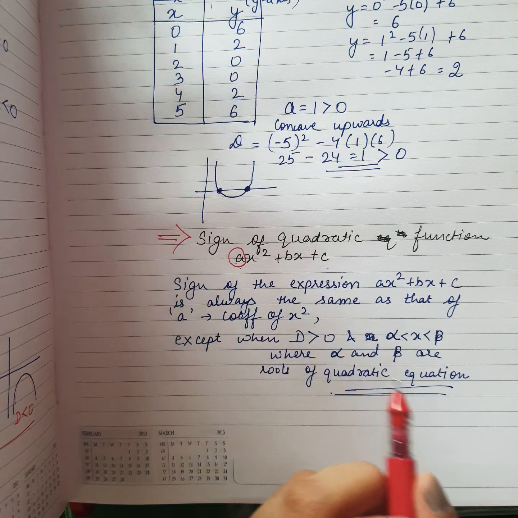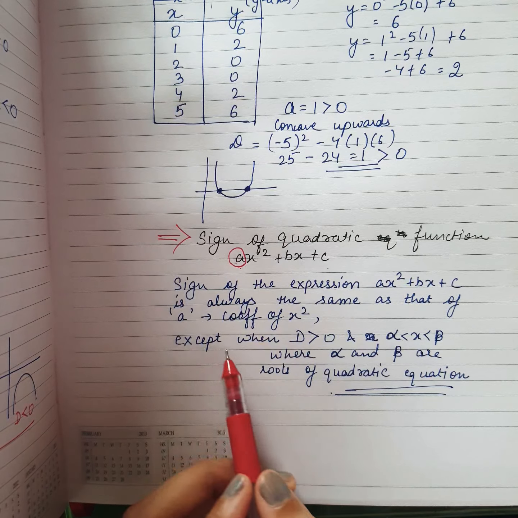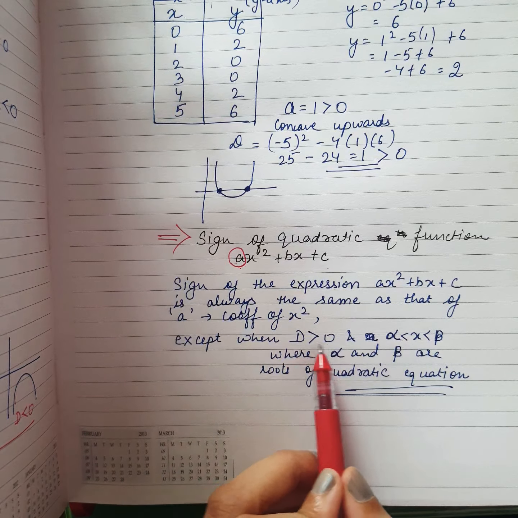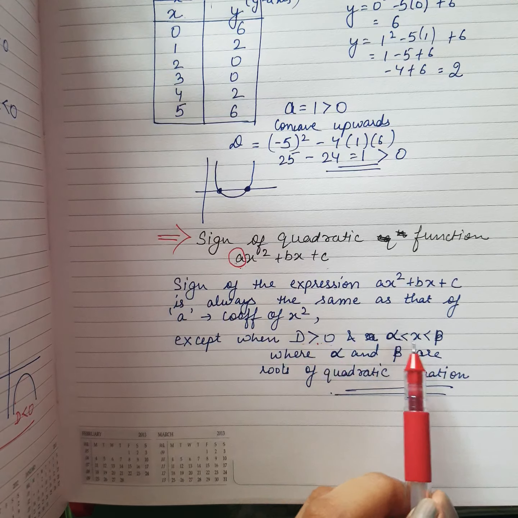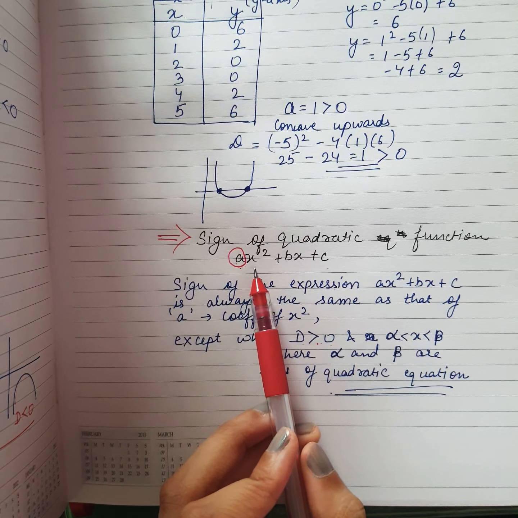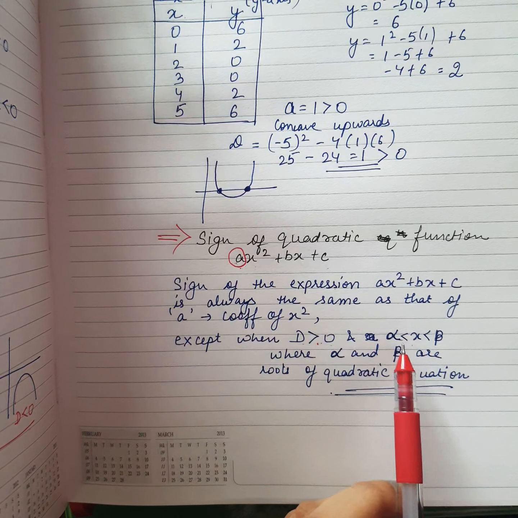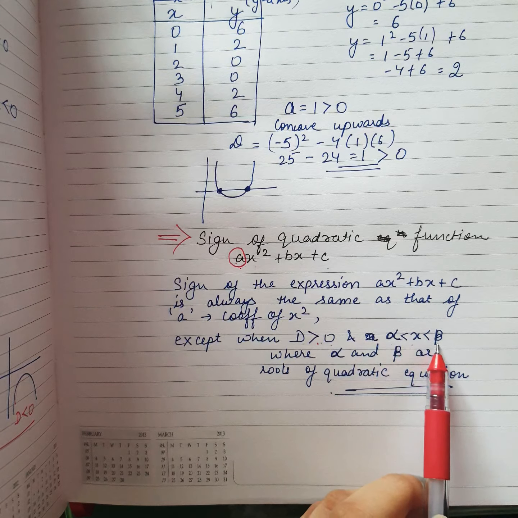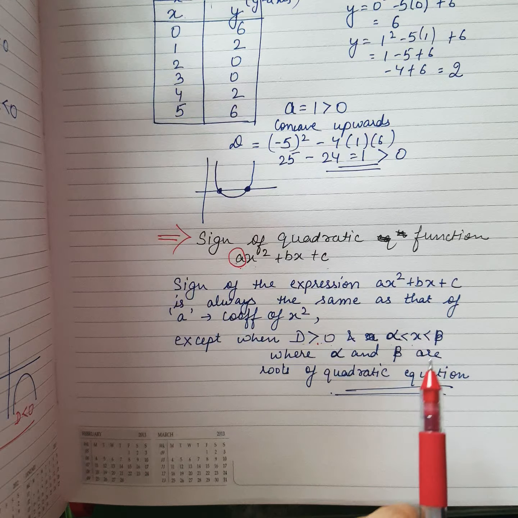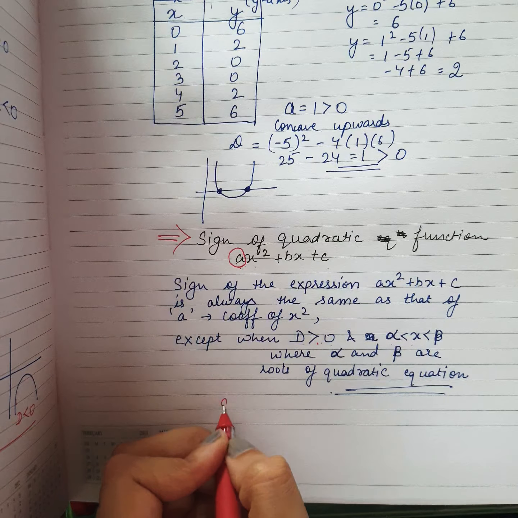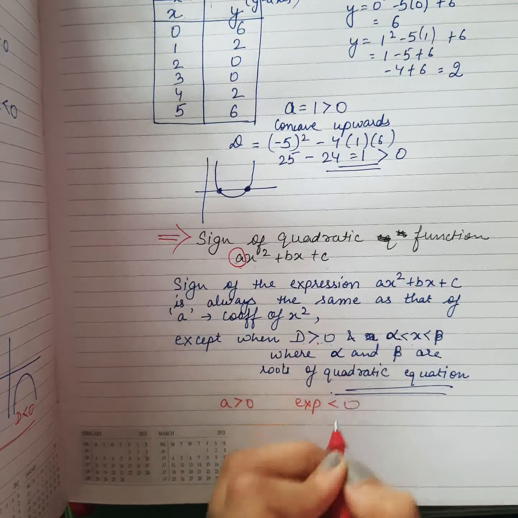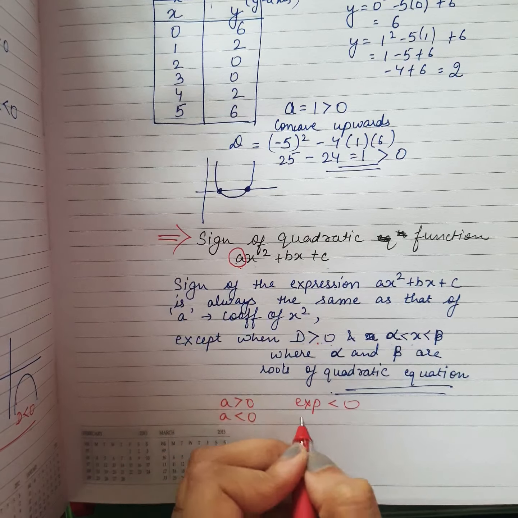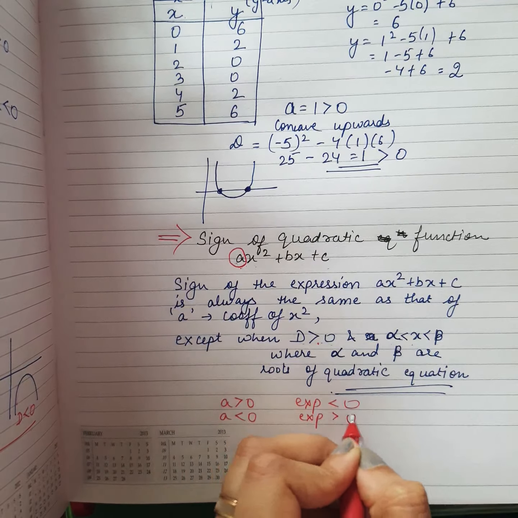Only in one case it is different, and the case is when discriminant is greater than 0 and the value of x lies between the roots. Only in this case, if a is greater than 0, the expression will be less than 0, and if a is less than 0, the expression will be greater than 0.